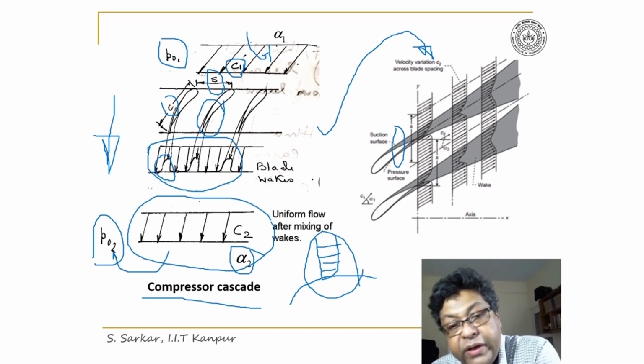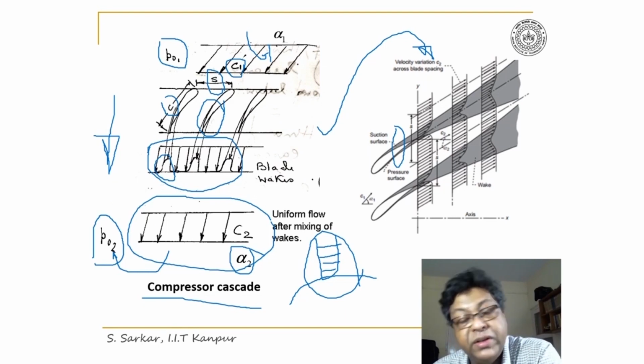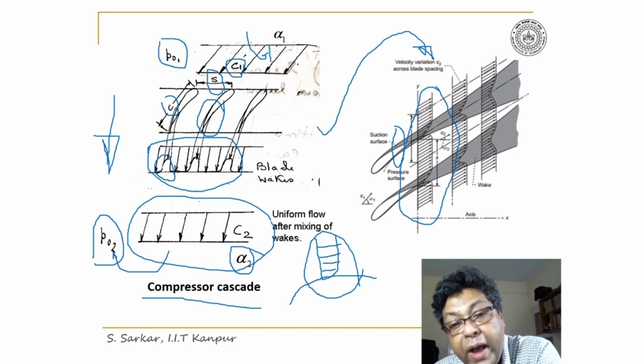Trust you would appreciate now, because of viscous flow, boundary layer will develop on the surface. And this boundary layer will lead to wake behind the blade. You can concentrate on a section immediately downstream where you will realize that the velocity profile has a high velocity deficit.